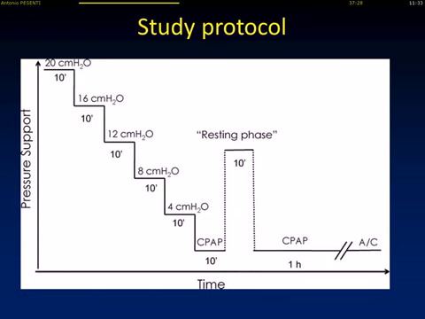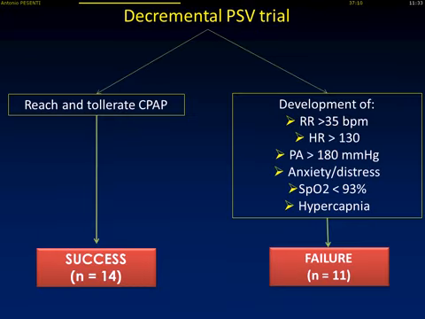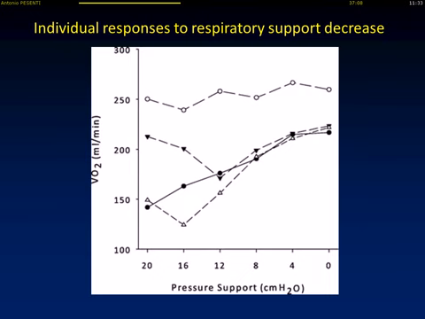The experiment is published, and you might go reading the technicalities. What I care about is the message. We measure oxygen consumption at different levels of pressure support in different patients. What happens? One patient, going from 20 to 0 pressure support, has an oxygen consumption like this one, another one like this one.